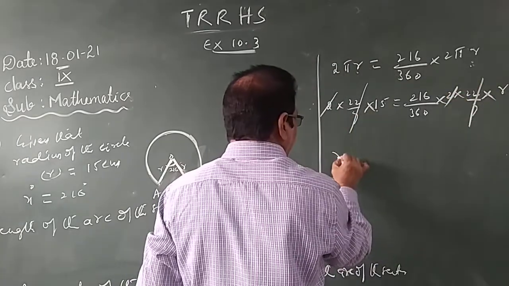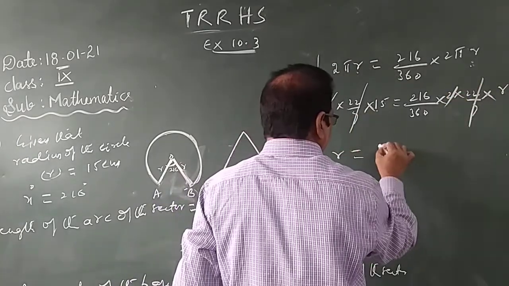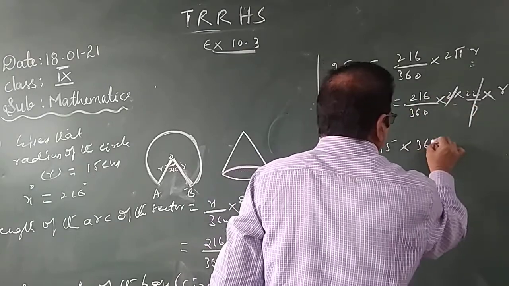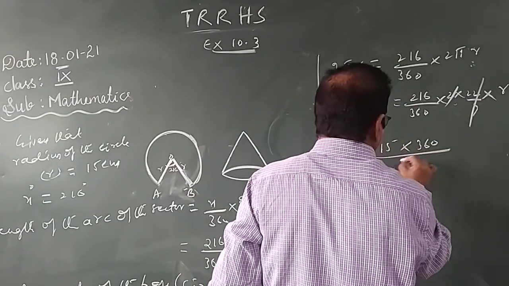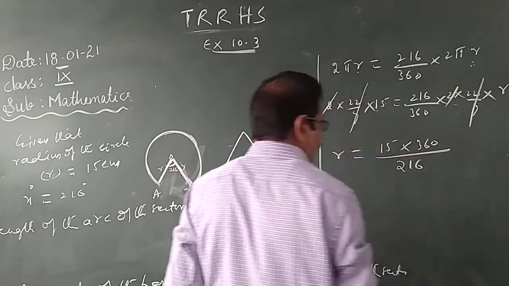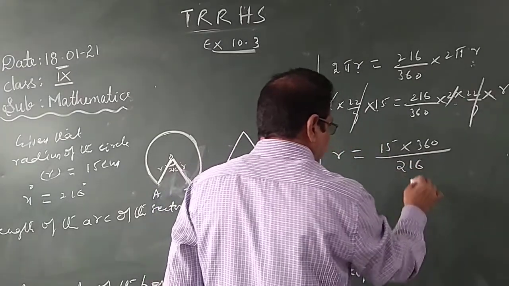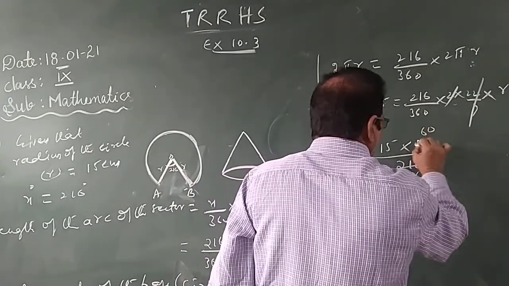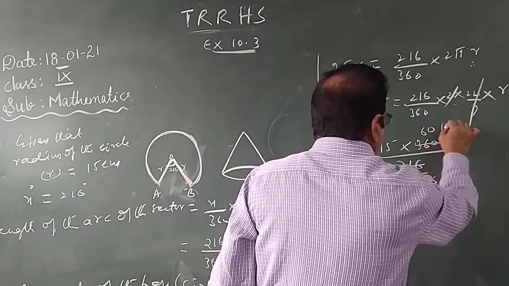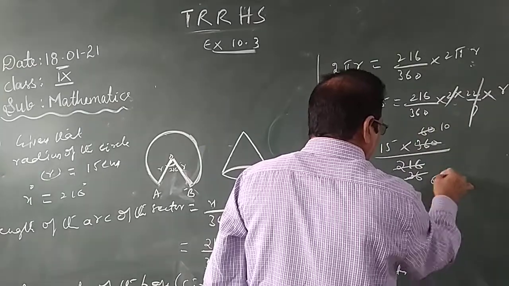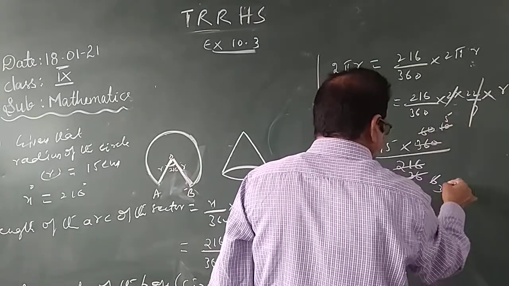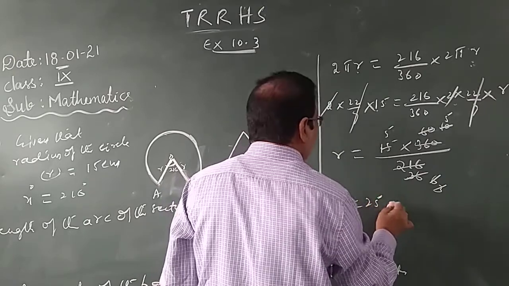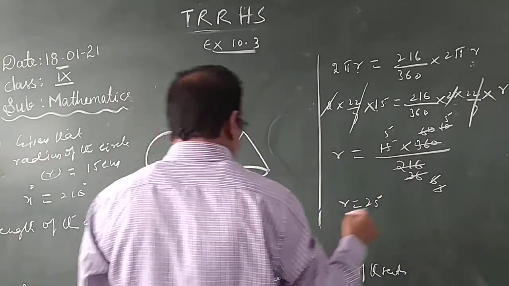So R find out. R is equal to 15 into this fraction becomes reverse, 360 by 216. So 6 3s are 18, 6 6s are 36, 6 6s are 36, 2 3s are 6, 5 3s are 15. R is equal to 25 centimeters.